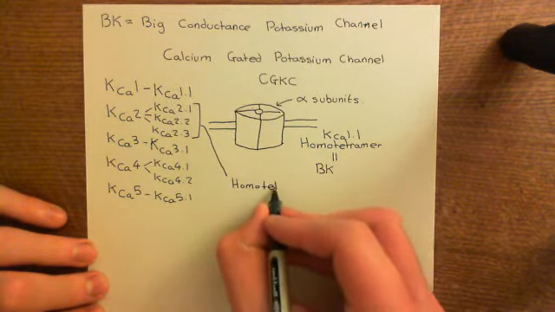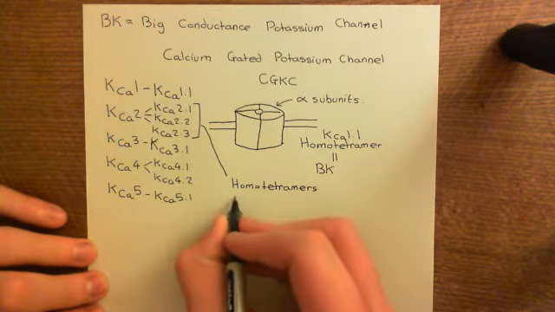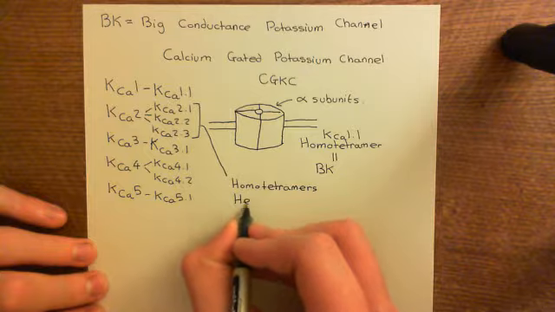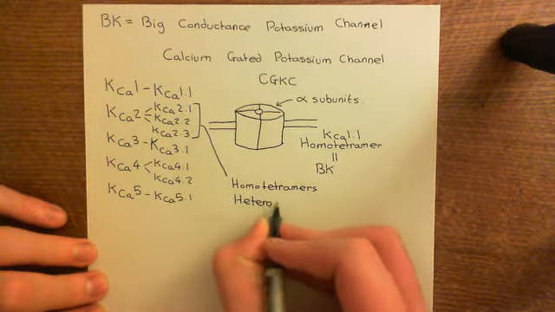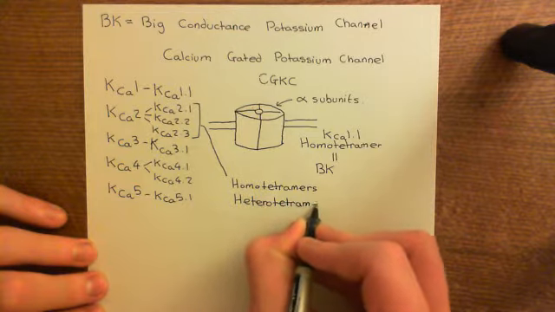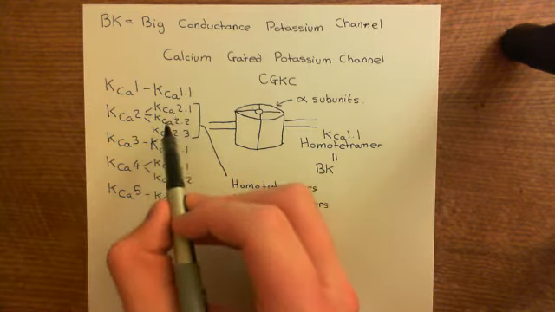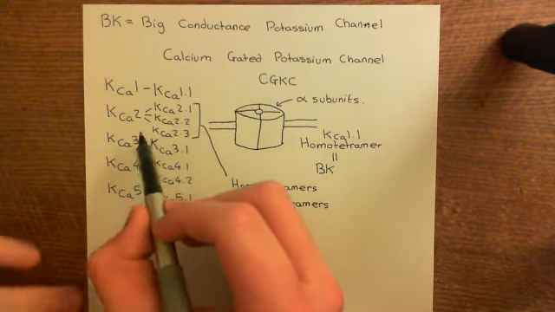So there are 3 possible homotetramers that you can make, but you can also mix and match within the family to make heterotetramers.